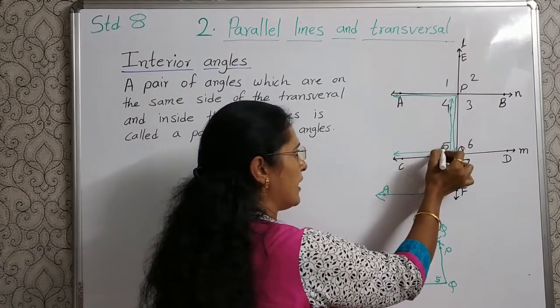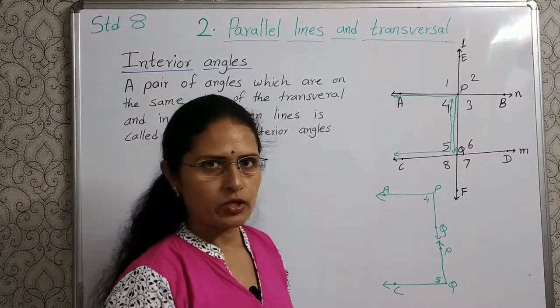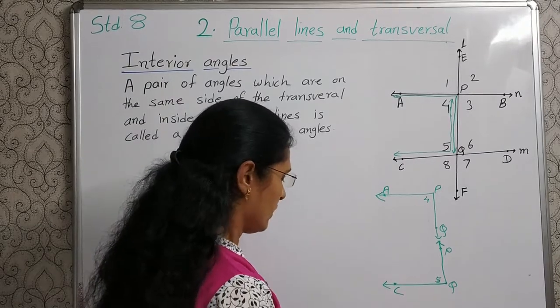So angle 4 and angle 5 make a pair of interior angles.